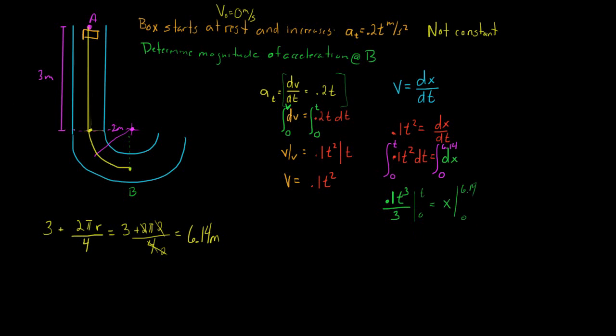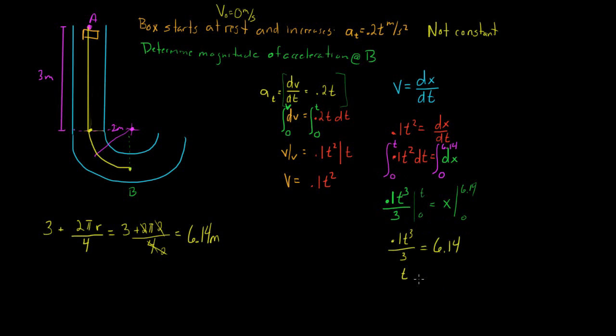So this just becomes 0.1 t to the third over 3 is equal to x. Now we have an expression for x, and it's equal to 6.14.